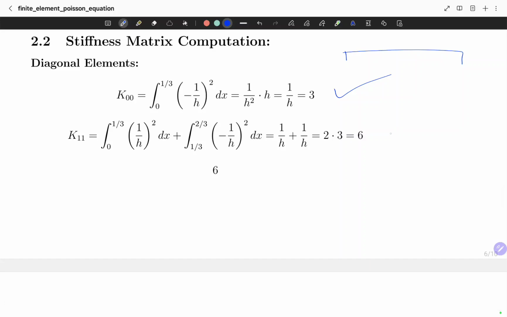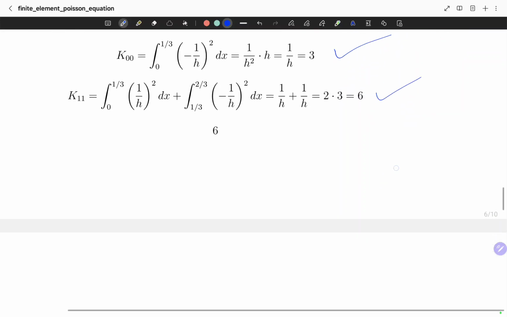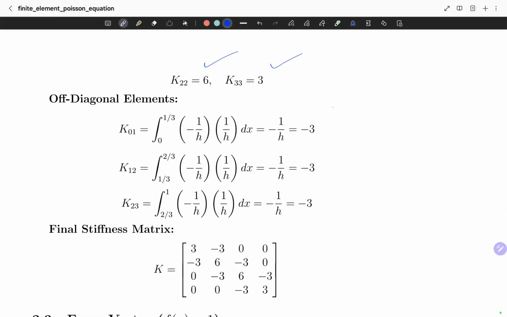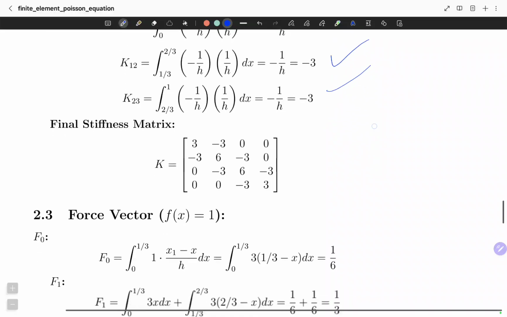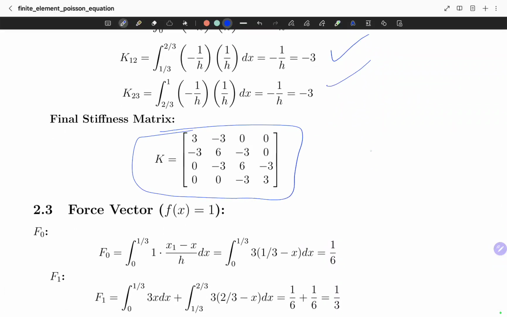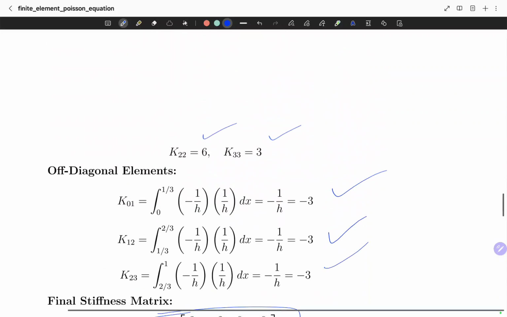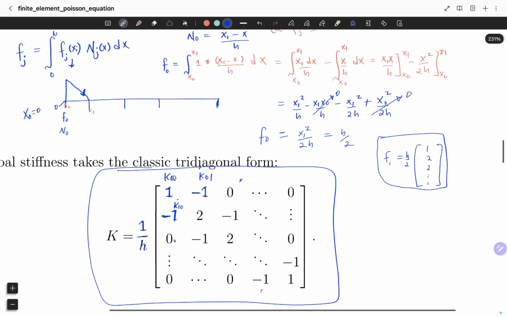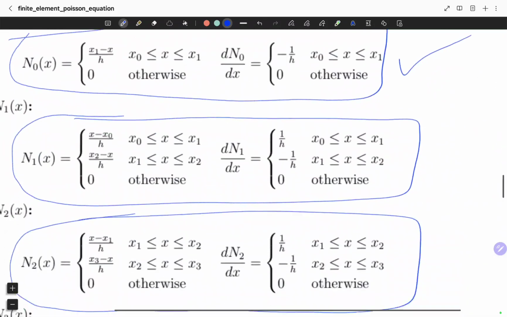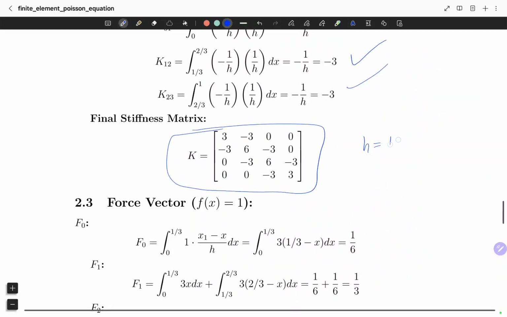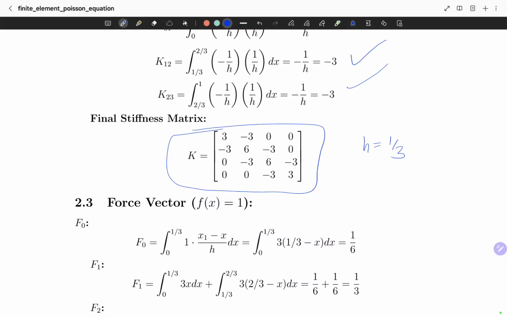I suppose now you understand exactly how we get k00, k10, k22, k3, and all those, and then in the end we build this matrix. Notice that we're supposed to have 1/h, but because h is 1/3, 3 comes up, and this is why you have 6 here.